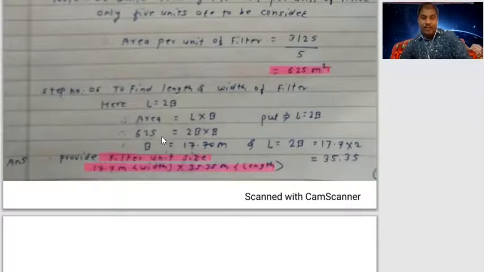By calculating the equation, we get the width of the filter equal to 17.7 meter and length equal to twice B, that is 17.7 into 2, that is 35.35 meter. Here you have to provide the filter unit size: 17.7 meter width and 35.35 meter length.